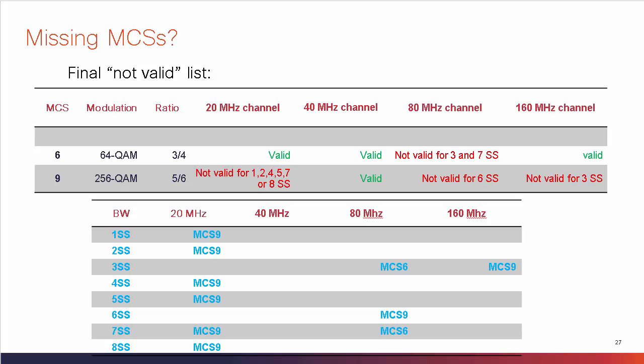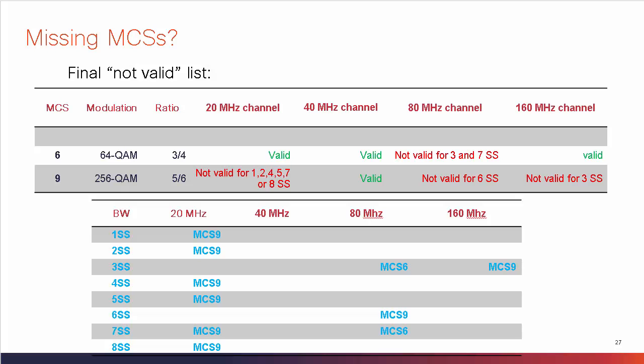So if you look, for example, at the first column, 20 MHz, MCS9. MCS9 is an MCS that you get when you're very close to the access point. And of course, if you implement an 802.11ac system and you're very close to the access point, what are the chances that you want to restrict your communication to only 20 MHz? Not very large.